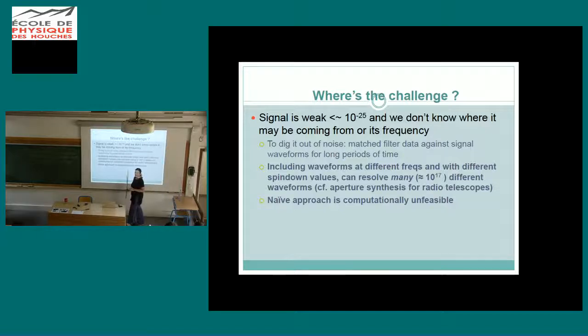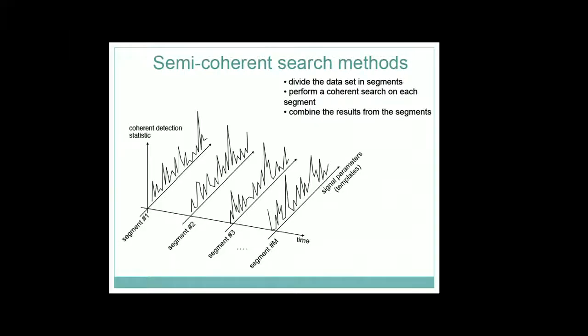So unfortunately, we can't use this really simple and powerful approach, leveraging by sheer brute force the power of the FFT at detecting continuous waves. We have to come up with something a bit more complicated, a bit less sensitive, of course, to just be able to search this large parameter space.